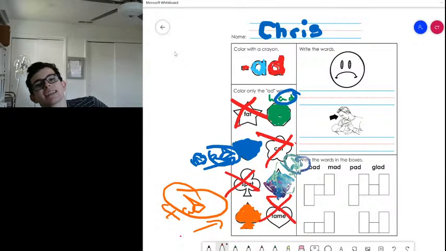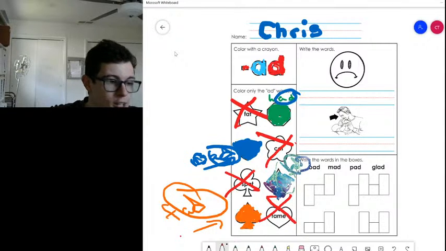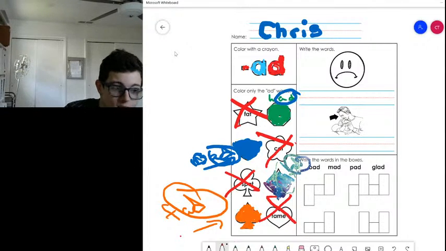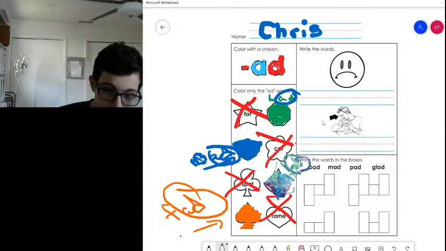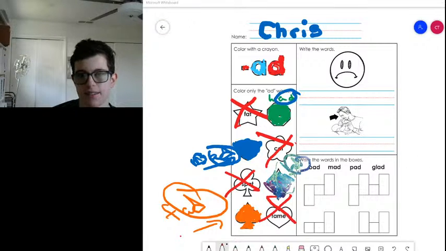Alrighty, as for the next section, I'm going to give everyone 3 minutes to write the words. So you're going to have to write the words on the lines, or wherever they are on your piece of paper. You're going to have to write the words portrayed in the pictures, and they are both AD words. So in 3 minutes, I will write the words and reveal the answers. 3 minutes.